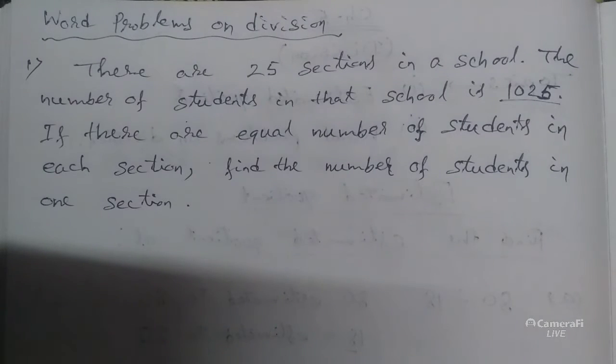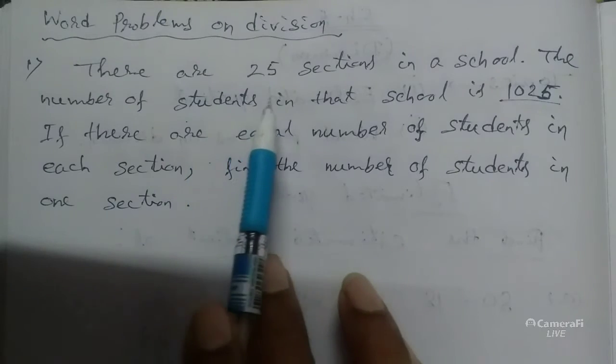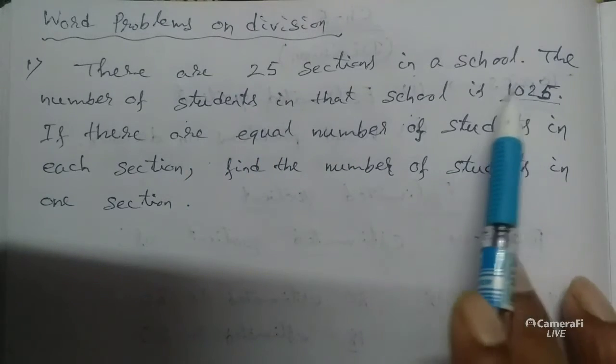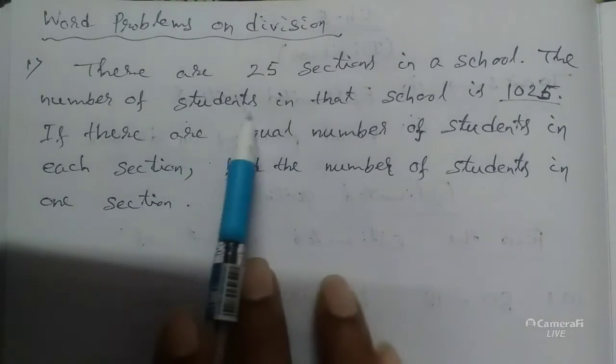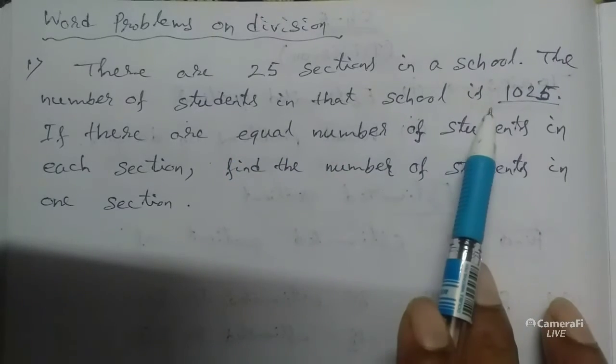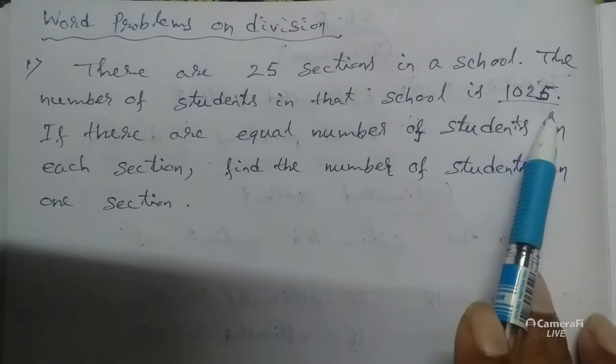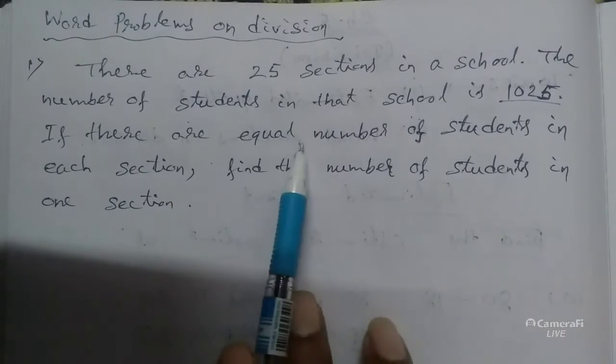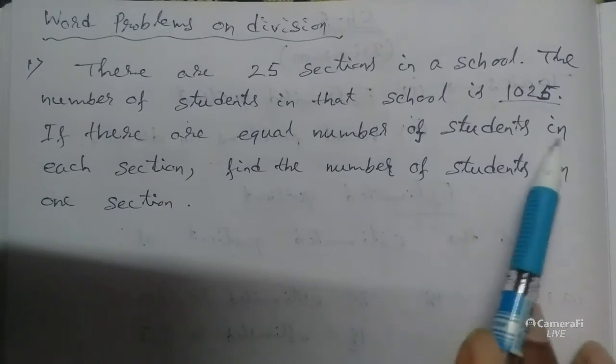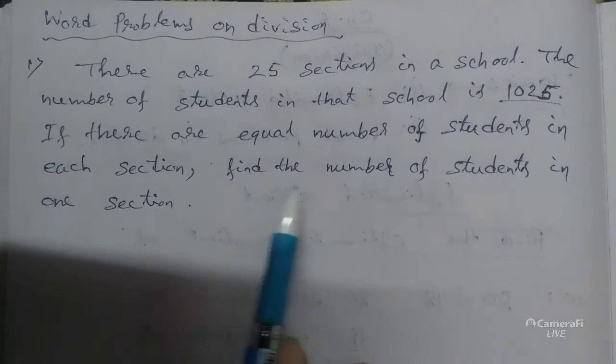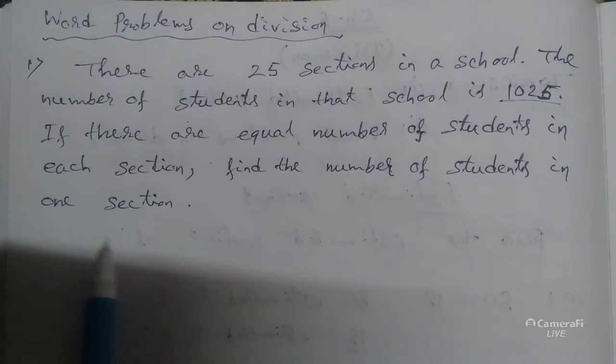Suppose this is problem number 1. There are 25 sections in a school. The number of students in that school is 1025. If there are equal numbers of students in each section, find the number of students in one section.